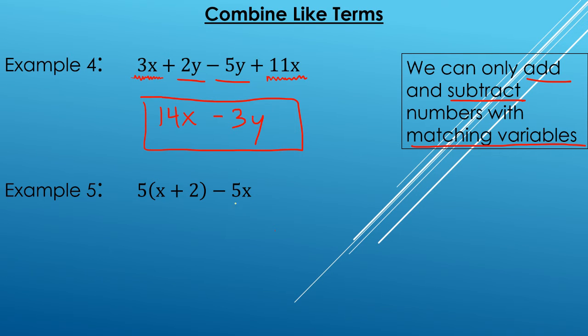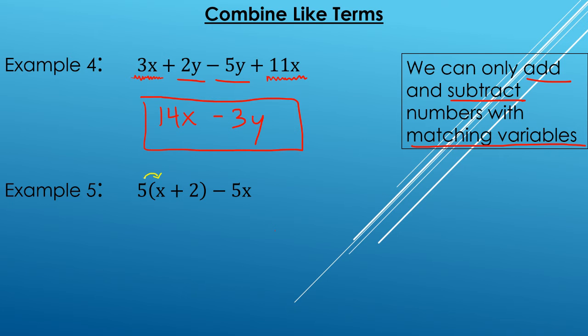I see an x and I see a negative 5x, but this one's in a parentheses, this one isn't. We can't really combine those yet. So we have to start with our multiplying. I'd like to start with parentheses first, remember? But I can't add x and 2. So we check the parentheses, we can't do it. So we go down PEMDAS and we end up doing our multiplication.